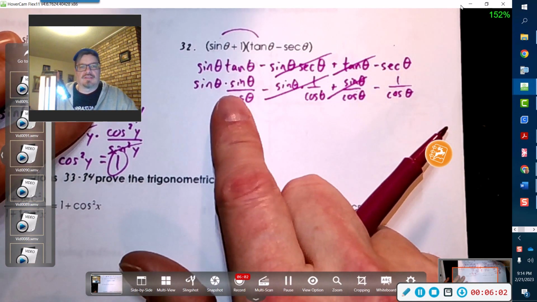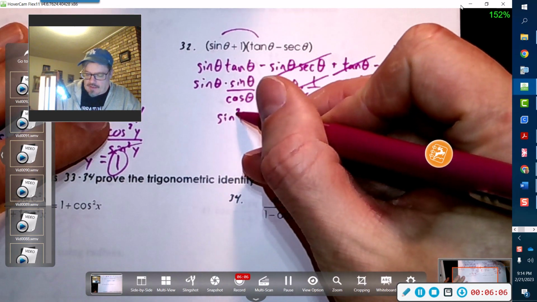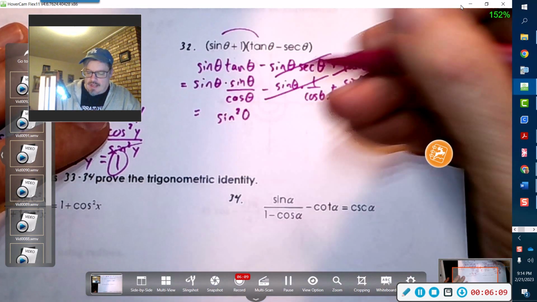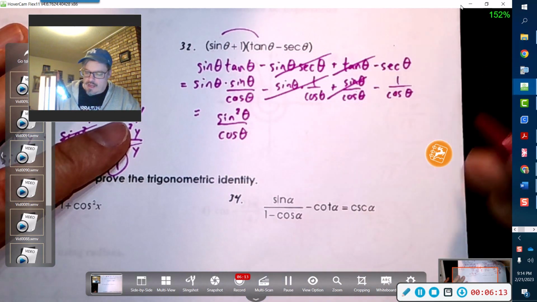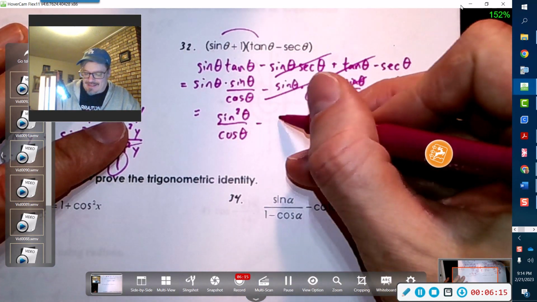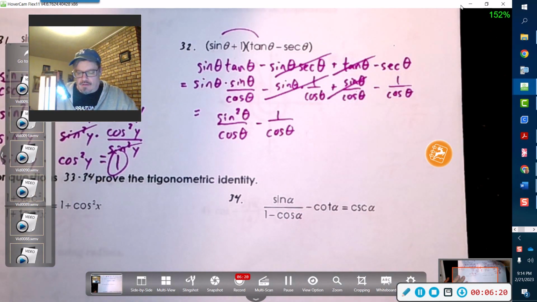Okay, great. So this means then that I've got a sine squared up at the top here. Oh, put your equal signs. I got a sine squared, and then I got a cosine. And this guy already has that right there.